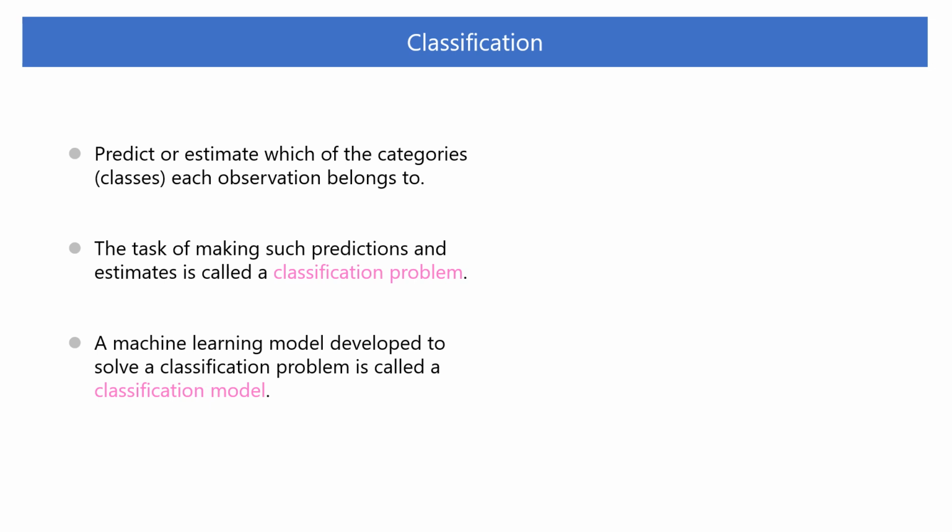The purpose of classification is to predict or estimate which of the predetermined categories an individual observation belongs to. These categories are also called classes. The task of making such predictions and estimates is called a classification problem, and the machine learning model developed to solve a classification problem is called a classification model.